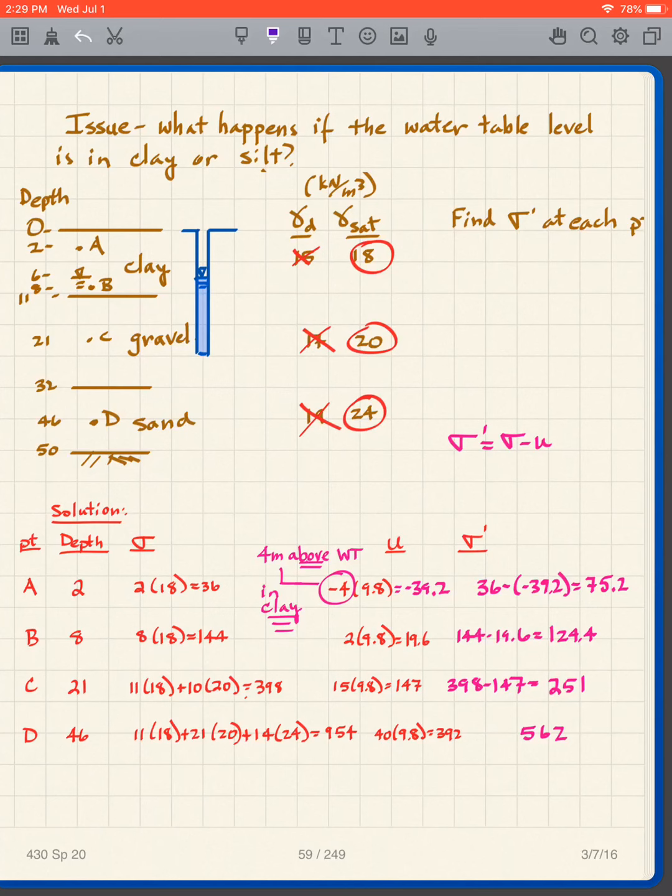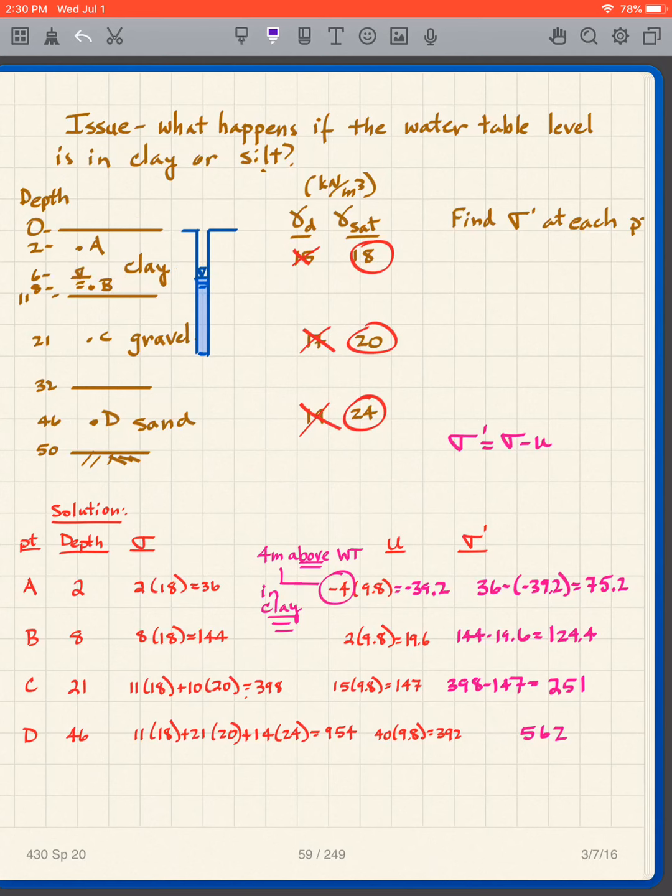Now, here's my water table level, and you're going, wait a minute, if the clay is completely saturated, why is that the water table level? Why isn't the water table level at the surface? And I will explain that next. But for the time being, I want you to accept that there's my water table level, but all of this clay is saturated, completely saturated.